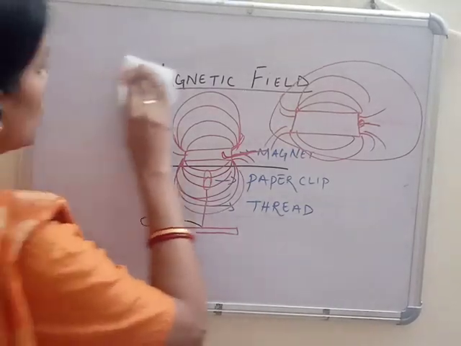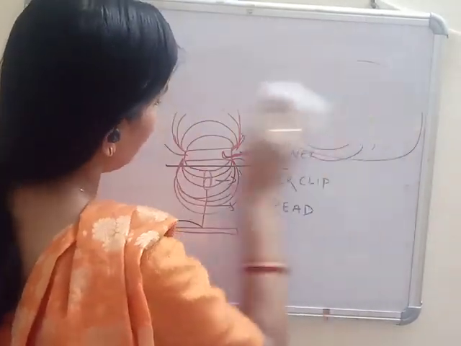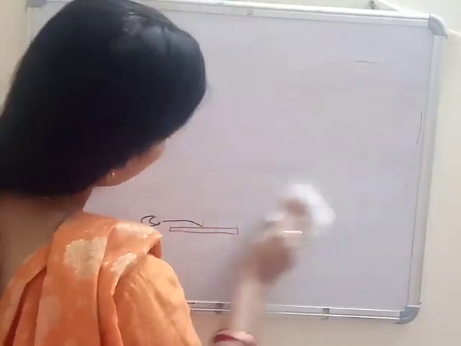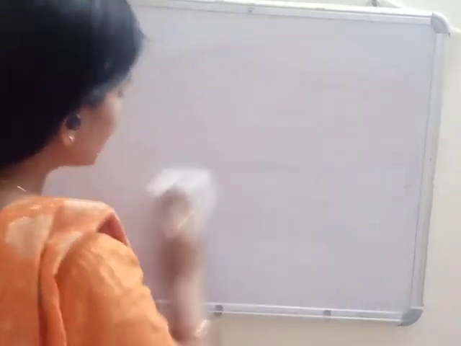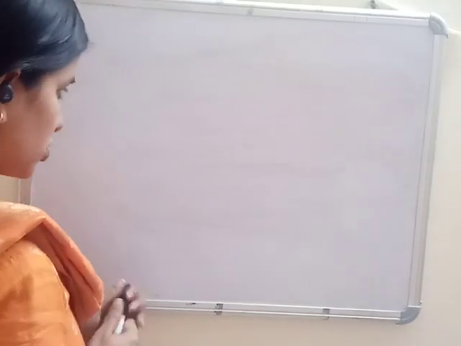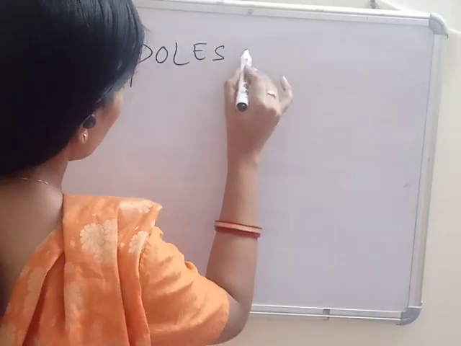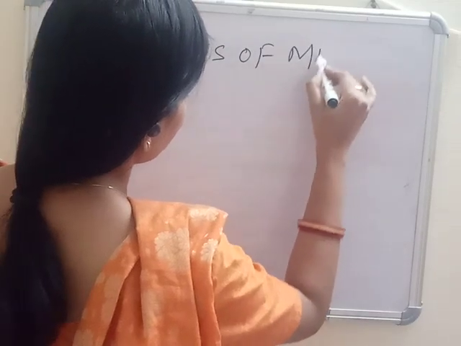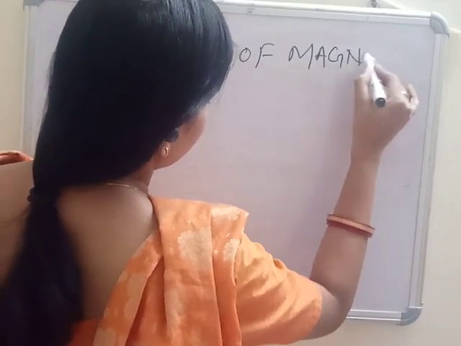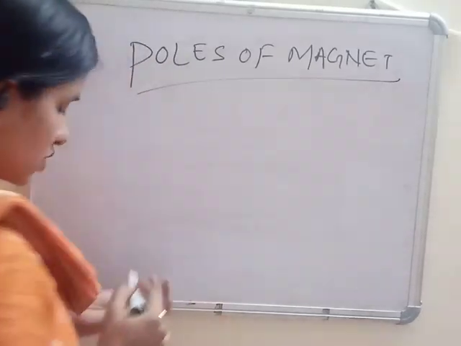You all know the Earth has two poles. The same way, a magnet also has two poles. The Earth has a north and a south pole. The same way, magnets also have two poles, north and south. So, poles of a magnet.